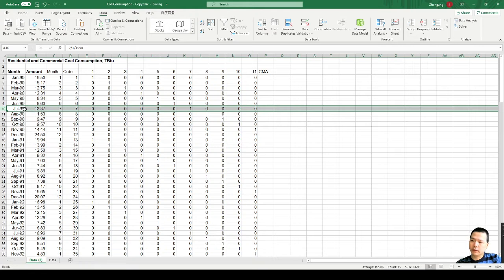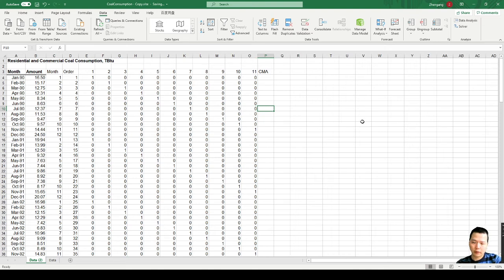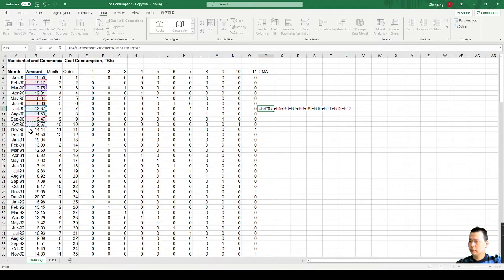Think about it: we are at the middle of July. We want to go to the previous 6 months, which is January the 15th. So how we calculate that is we use January times 0.5, only half a month, plus the following months, and then another half of the next year's January, times 0.5.